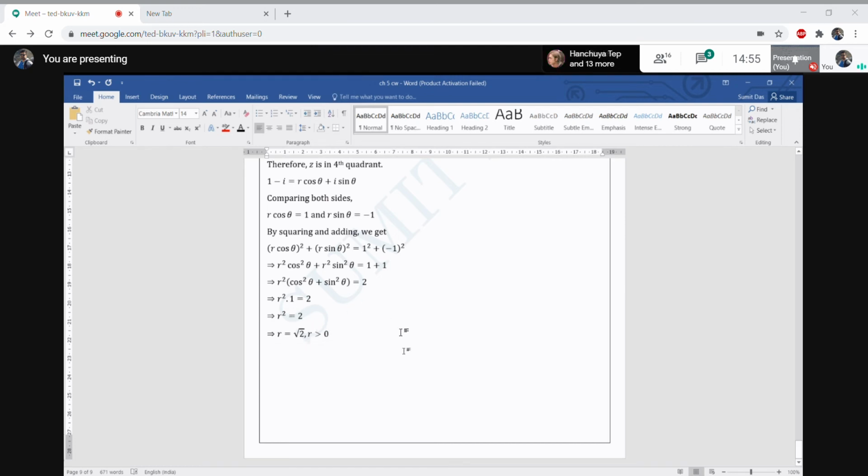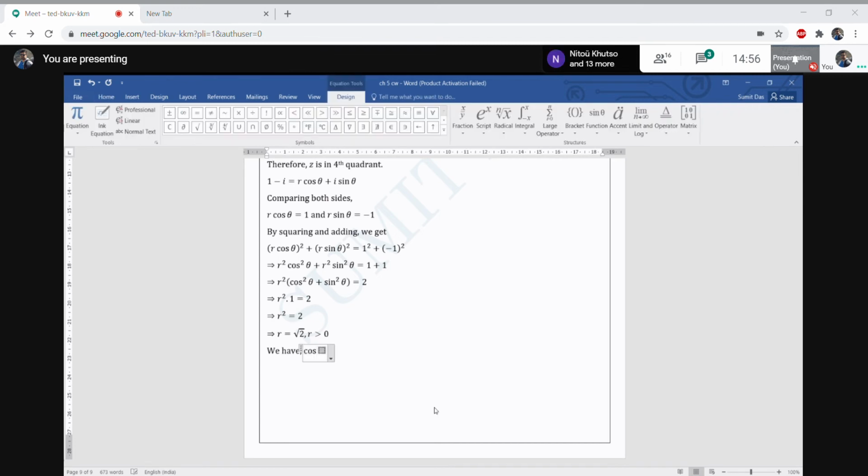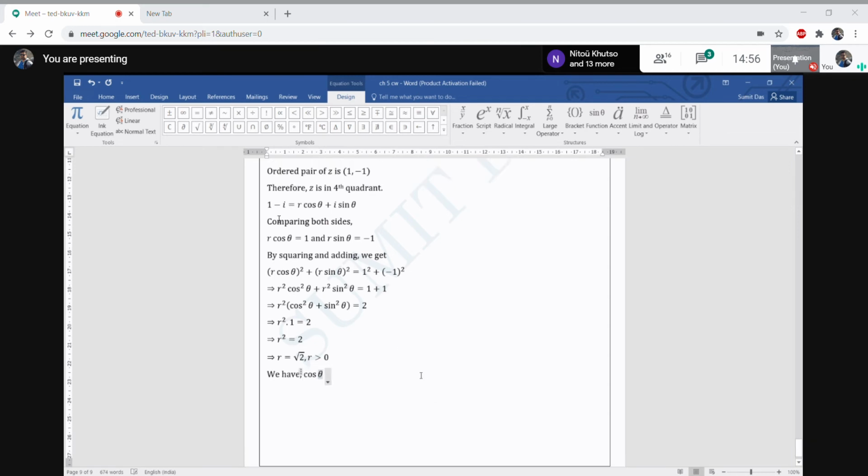So R we got. Next, we have to find the theta. So what to do to find the theta? To find theta, we can do this thing. We have cos theta equal to how much? From where we got cos theta?